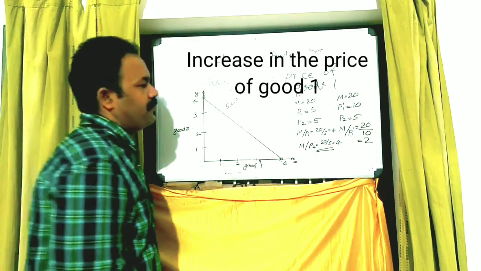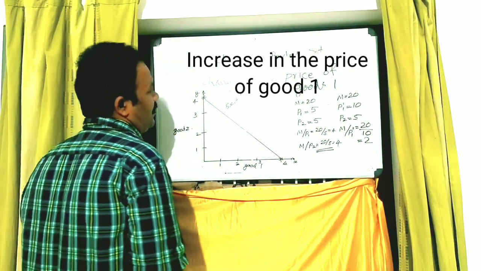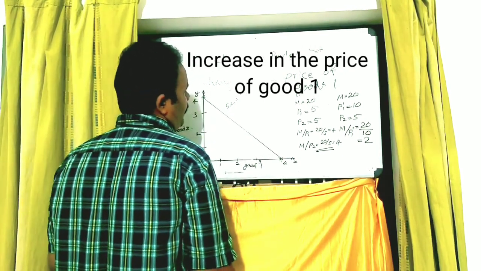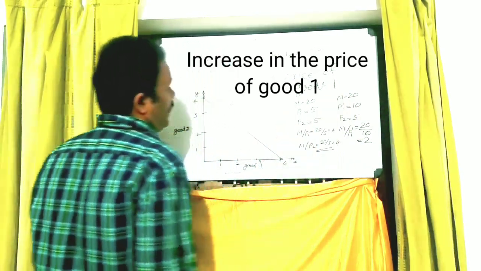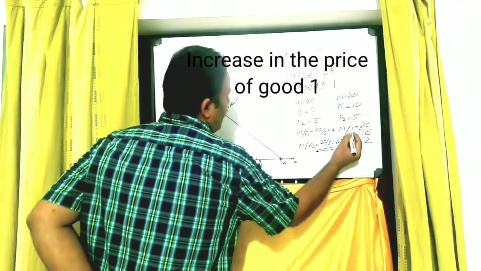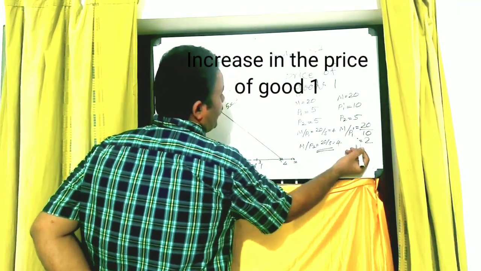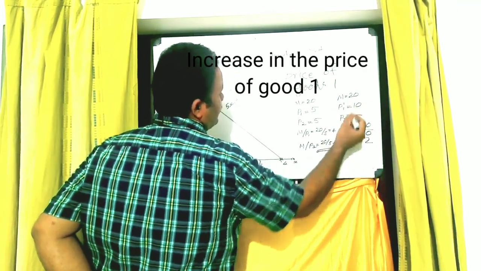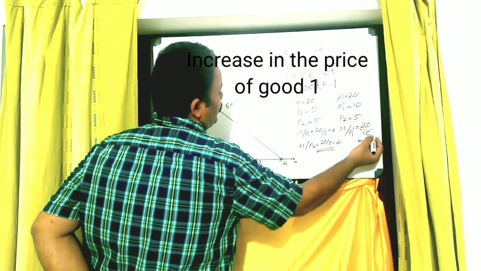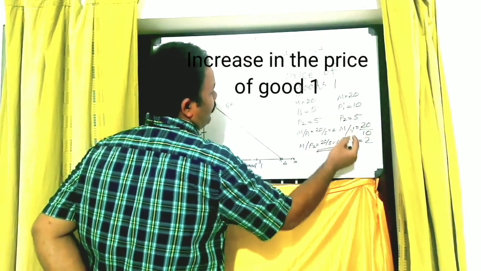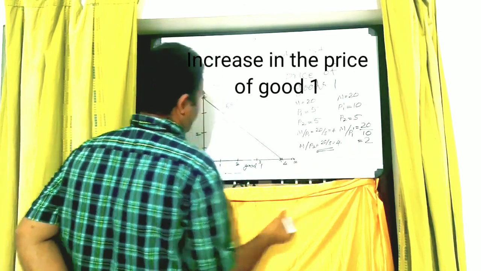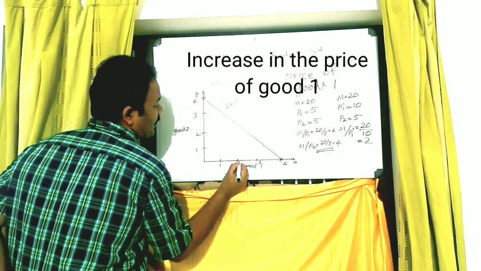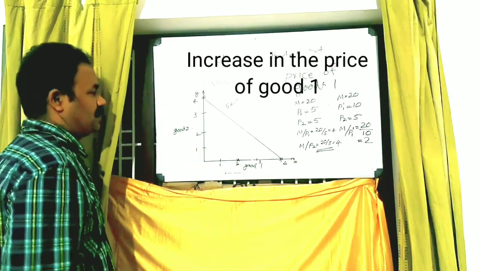Then okay, when price of good one increases from 5 to 10, at that time horizontal intercept M by new price P1 dash, M 20, new price of good one P1 dash 10, 20 by 10 is 2. Then new horizontal intercept is 2.